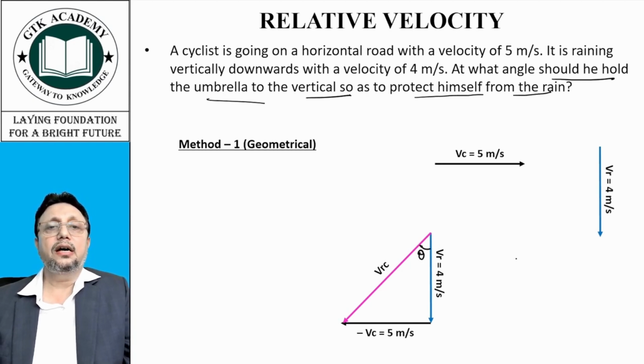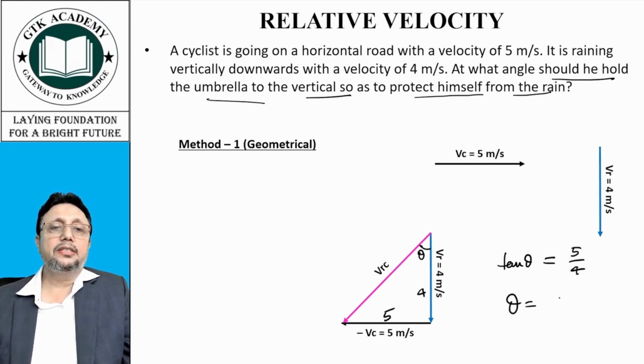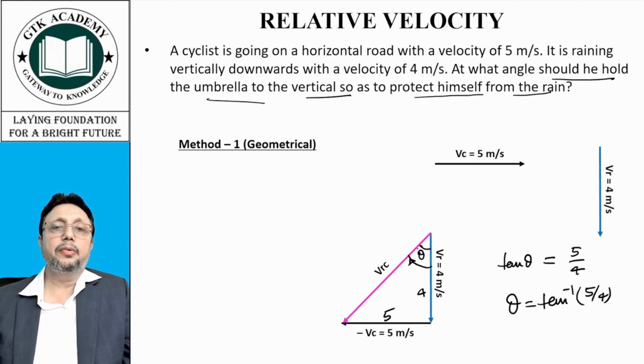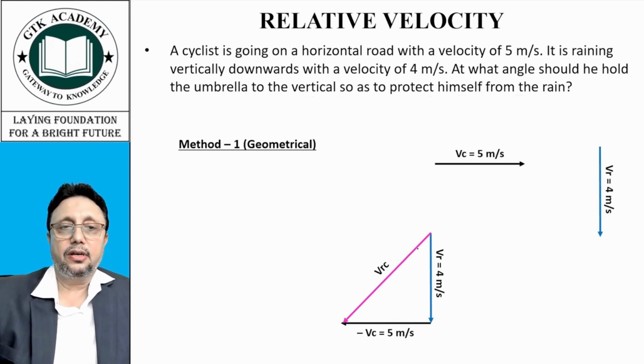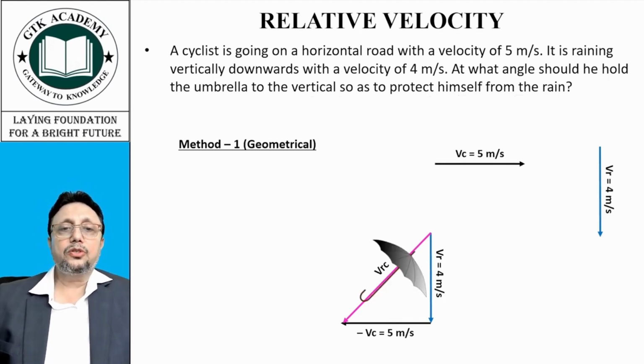say this is theta. So tan theta is equal to, this side is 5 and this side is 4, is equal to 5 by 4. So theta is equal to tan inverse 5 by 4. That means this theta is in this direction to vertical, that means clockwise direction. So he has to hold umbrella like this.